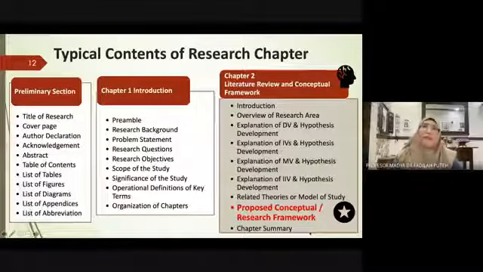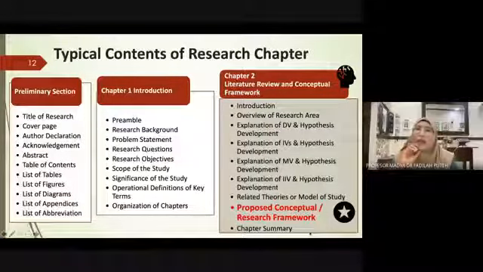And after you have done your chapter 1, you move to your chapter 2. These are some of the contents that you normally cover in your chapter 2. This is whereby your proposed conceptual or research framework appears in your chapter 2 before you summarize your chapter 2. So what are the areas that you cover?